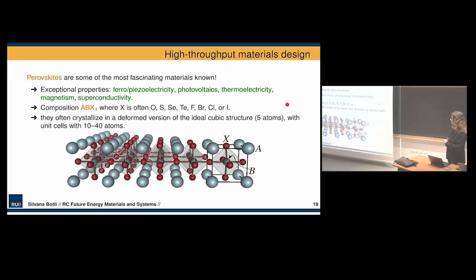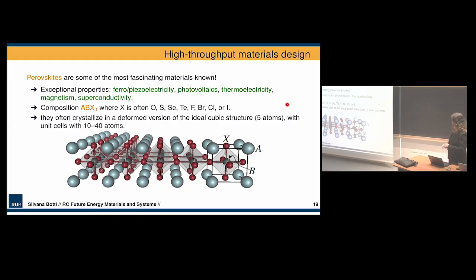The first one that we addressed, as we were interested in materials for energy, was perovskites. In general, perovskites are a fascinating class of materials because by changing the composition, one can get materials with very different properties.